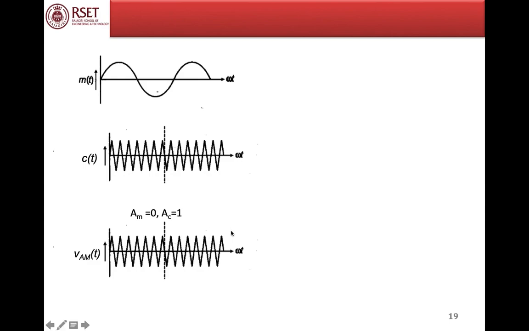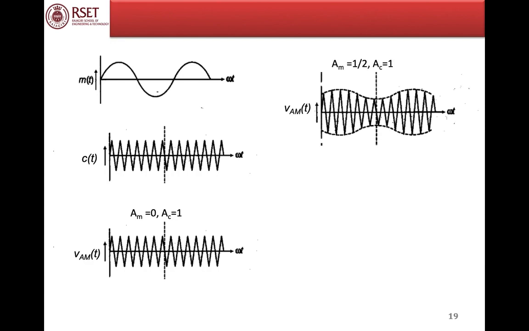You can see that the amplitude of the carrier is not changing because message amplitude equal to 0. Now if Am equal to 1 by 2 and Ac equal to 1, how will the AM signal look like? It looks like this. See that the amplitude of the message is added to the amplitude of the carrier signal.